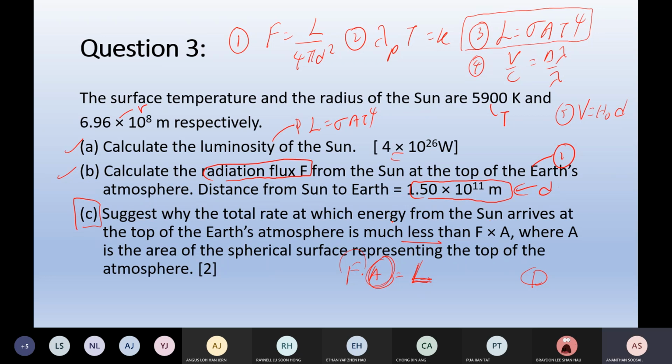Which energy from the sun arrives at the top? The flux we receive is smaller than supposed to be. Why smaller? Because some energy will be absorbed by the dust in between during the movement. Okay.